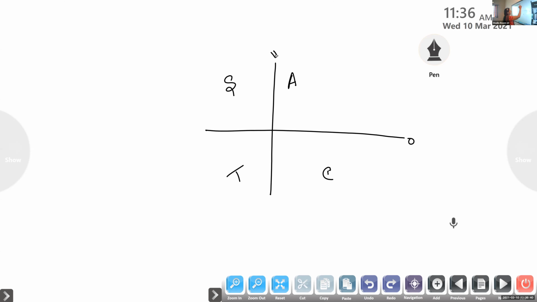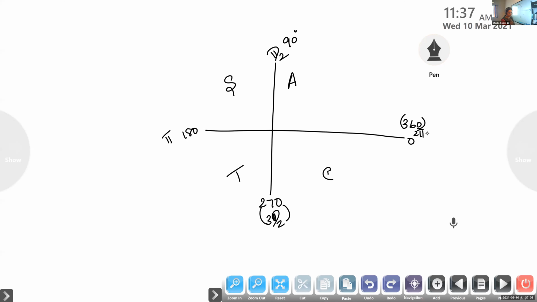0, 90, 180, which is pi, 270, which is 3 pi by 2, and 360 will coincide with 0 or 2 pi. Whenever a question is asked to find the principal value branch, the easy way is to draw this figure again.